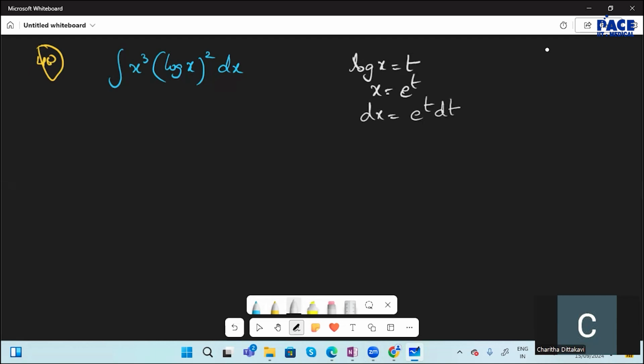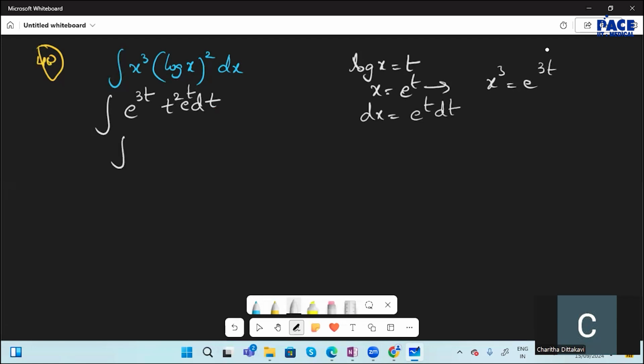Now just substitute. x cube is e power 3t, log x is t, hence t square, and dx is e power t dt.